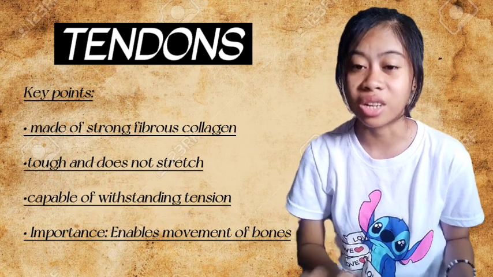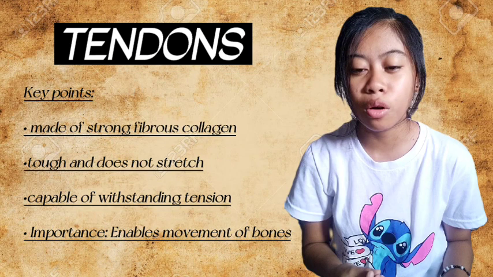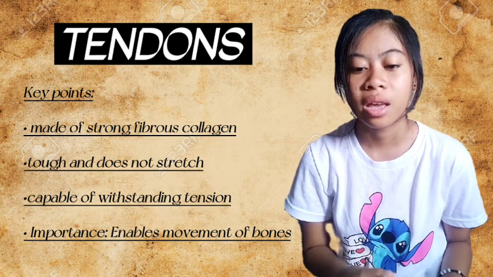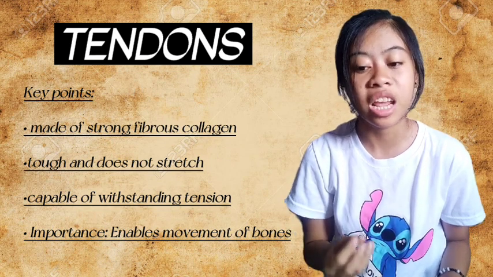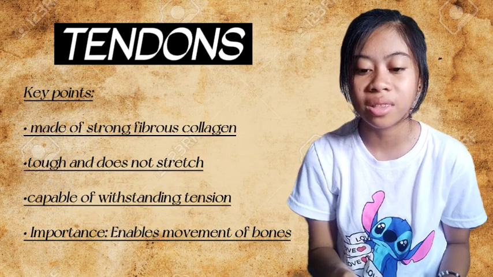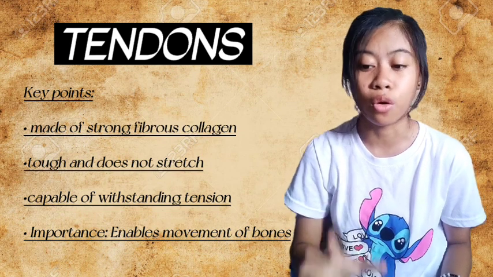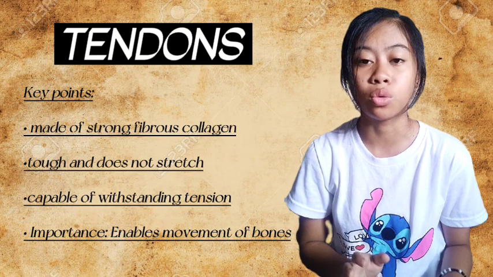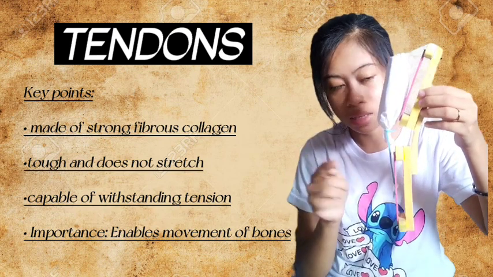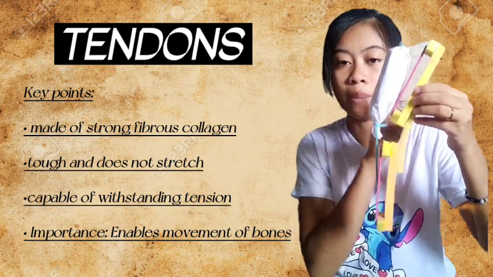Tough, does not stretch, capable of withstanding tension. The importance of this is that it enables movement of bones, which is what tendons are there for. They connect muscle to bone, for example like this.